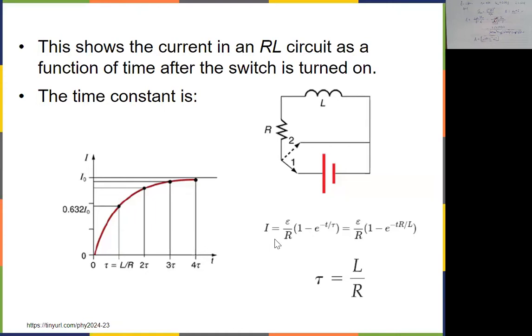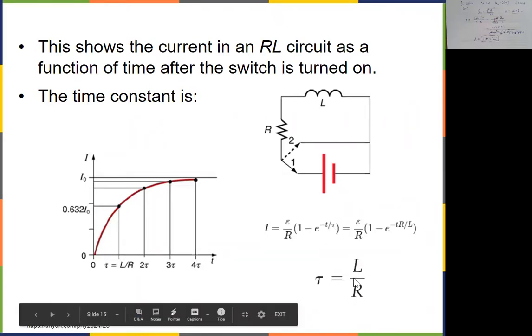You'll get the current equal to epsilon over R times 1 minus exponential of minus t times R divided by L. Epsilon is the EMF of the battery, R is the resistance, and t is the time variable. This has a similar form to the RC circuit: a constant number times 1 minus exponential of minus t over tau, where tau is L over R in this case.